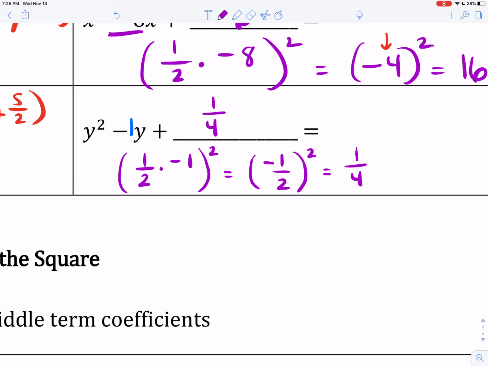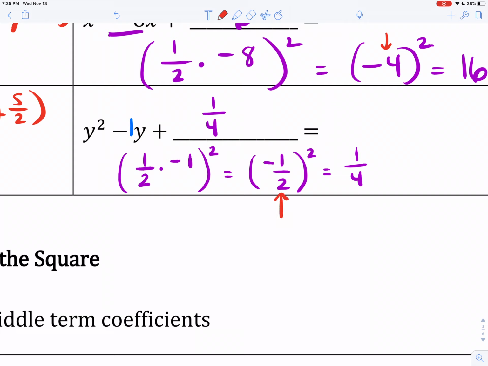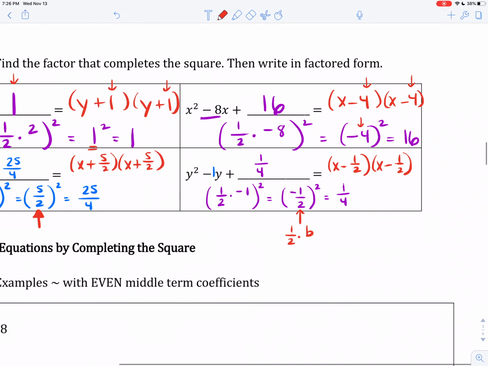Now again, when you have a fraction, sometimes it's a little bit harder to see what the factors are going to be, but if you look right back here, whatever you got when you took 1/2 of the b term, that's what's going to be in your factors. This is negative 1/2, so I'm going to have x minus 1/2 and x minus 1/2 to create my two factors.